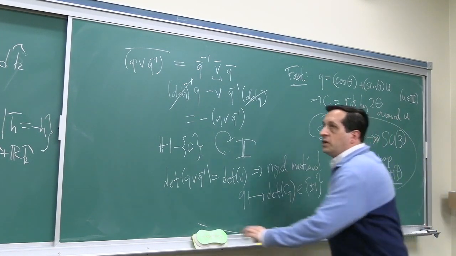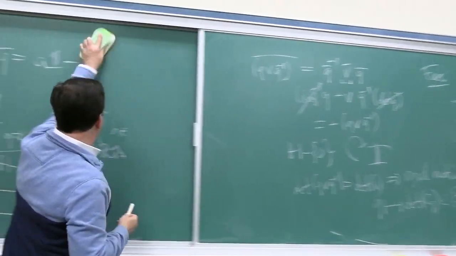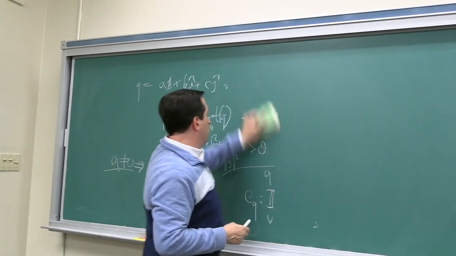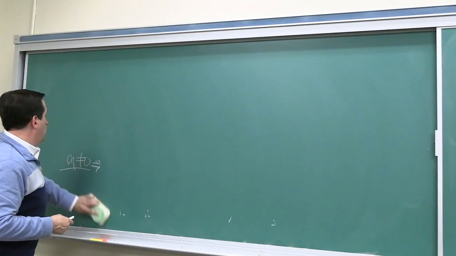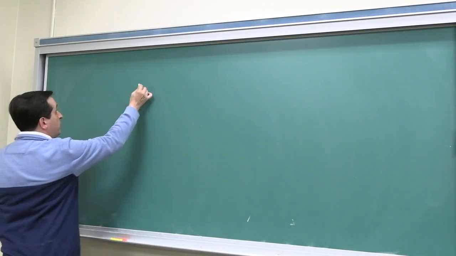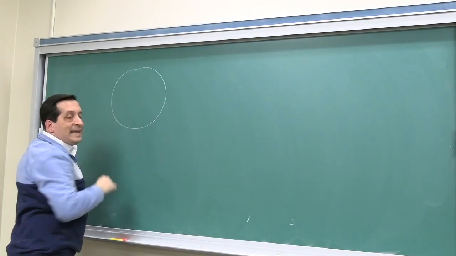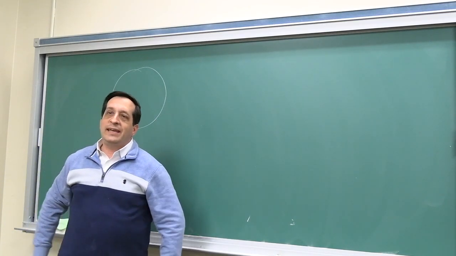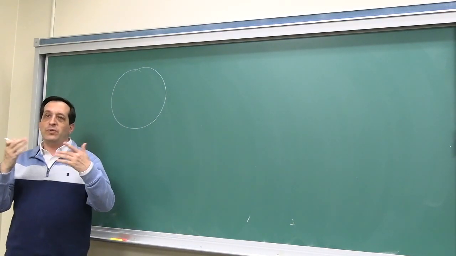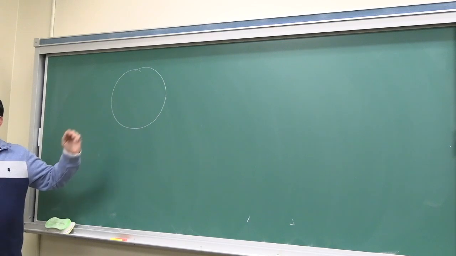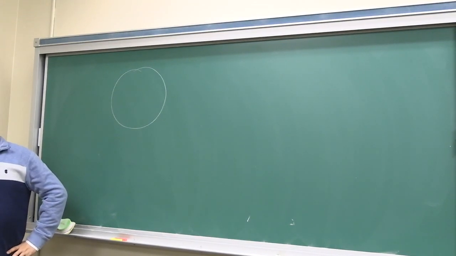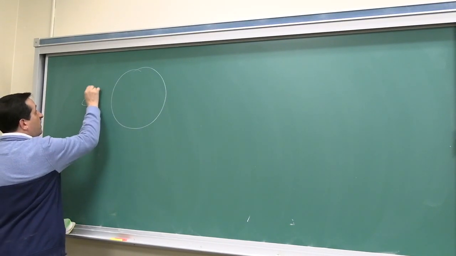Now this will give us a beautiful new visualization of the double loop contraction as follows. So here, of course, I can't draw a picture of S3 because I can't draw pictures in R4, so we're just going to be impressionistic. Imagine that that's the sphere, the unit sphere in R4. This is our S3.